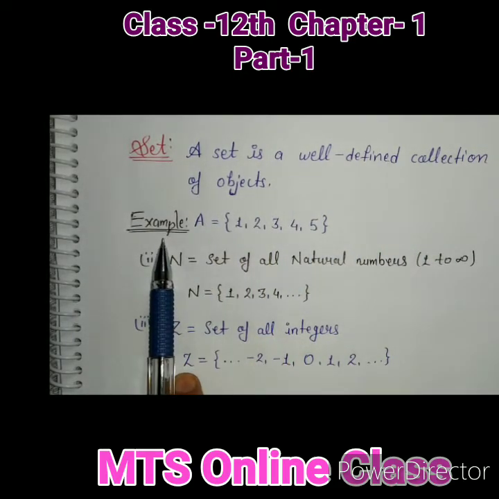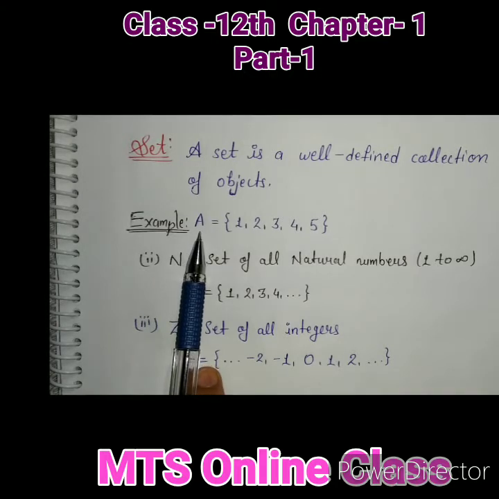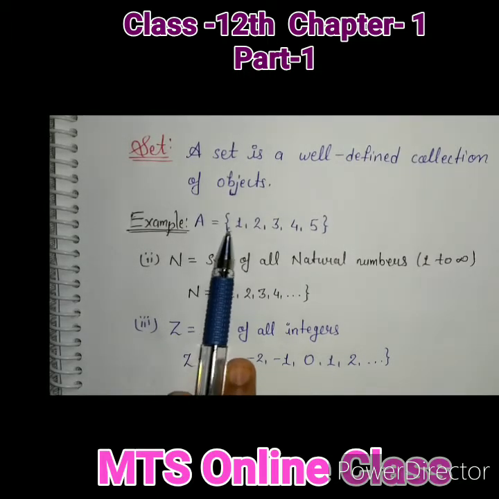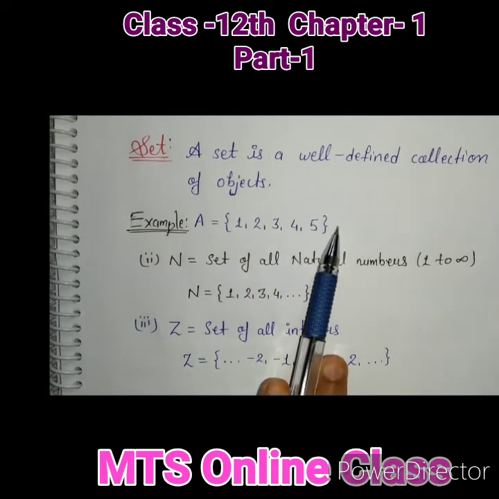For example, the set of natural numbers less than 6 we can write as capital A is equal to {1, 2, 3, 4, 5}.